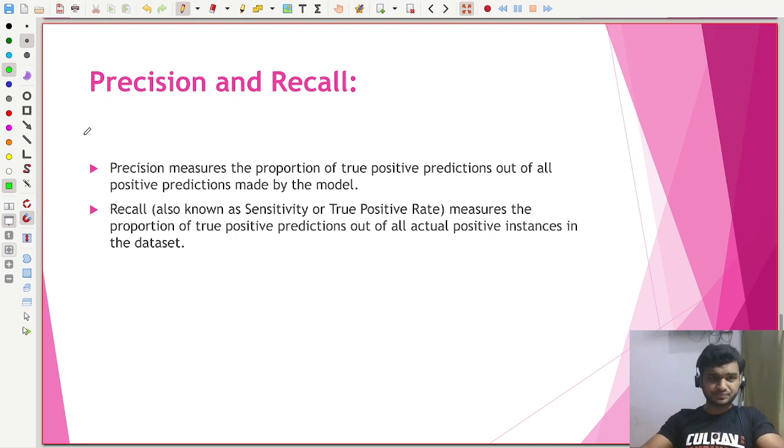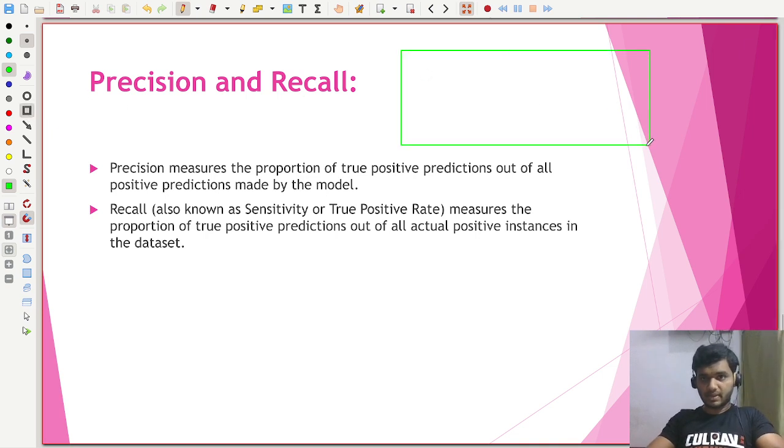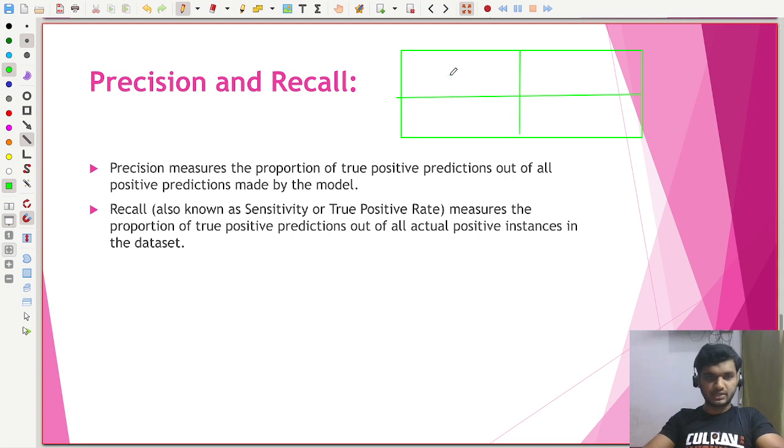Like this, if you draw the same matrix again, that is our true positive, true negative, plus false positive and false negative.